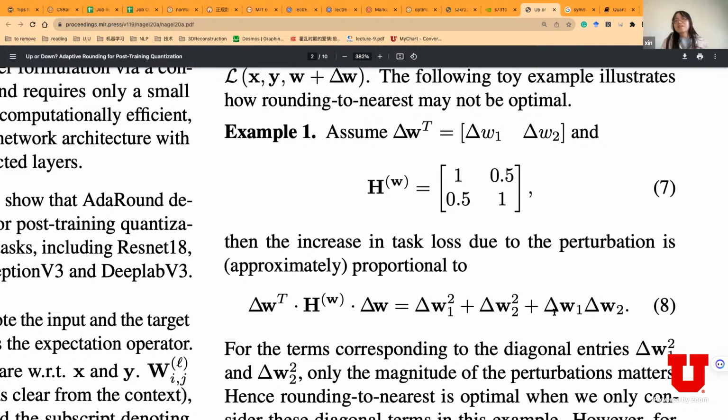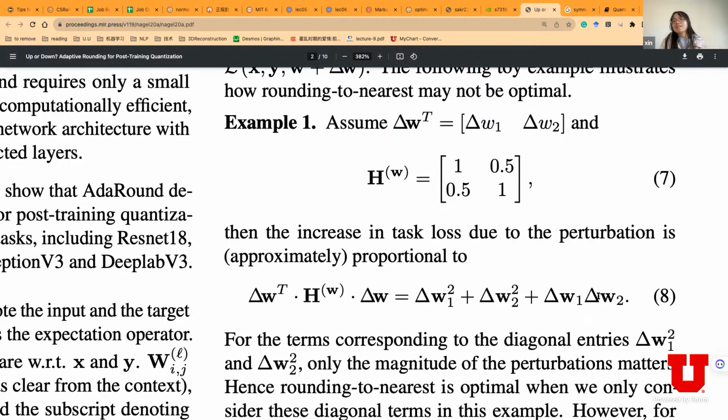If delta W1 and delta W2 have the same sign, for example both positive or both negative, then the error from this term would be large. If they have different signs, this would decrease the error caused by the quantization.